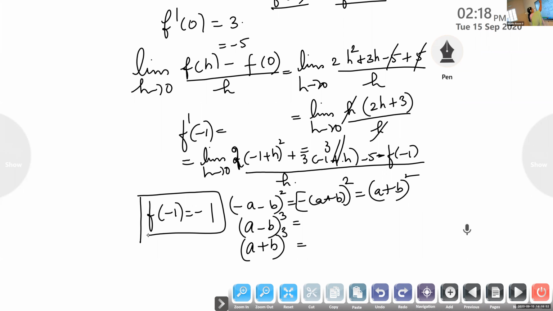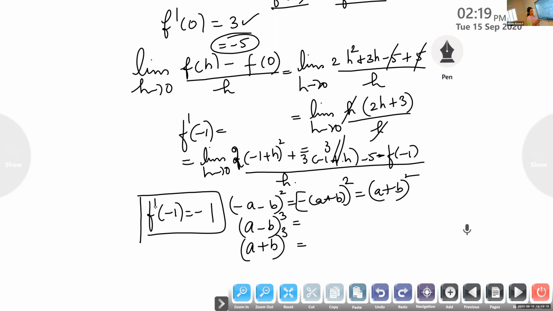So f dash of 0 is 3. F dash of minus 1 is minus 1. Are you getting minus 1, children? Yes. Then substitute in that one and find out the answer.